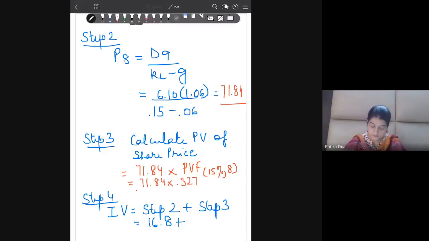Okay, so this comes down to 23.49. Then here you are adding this value.